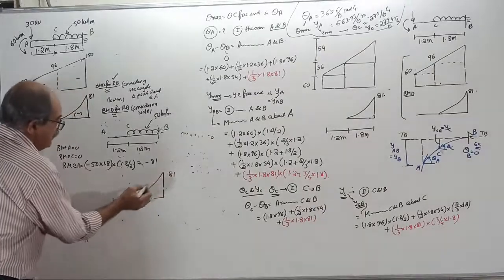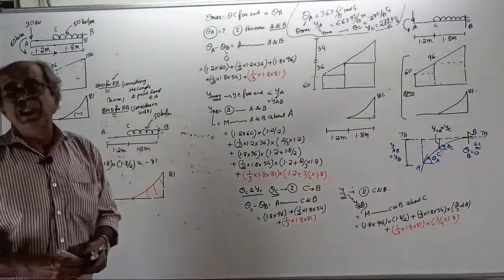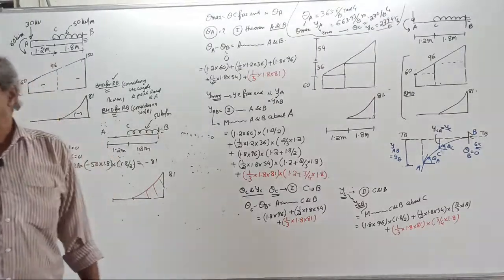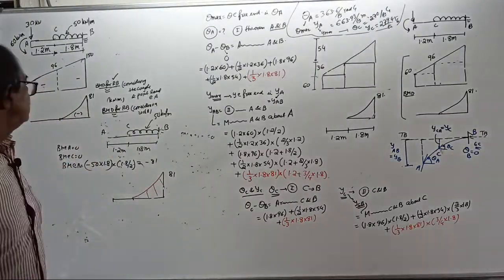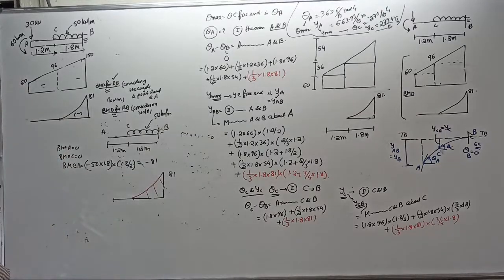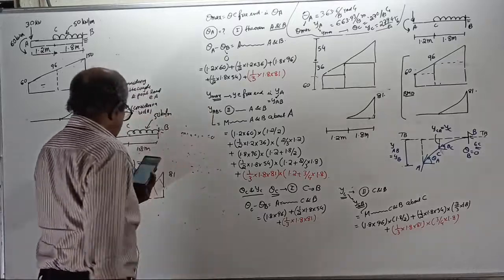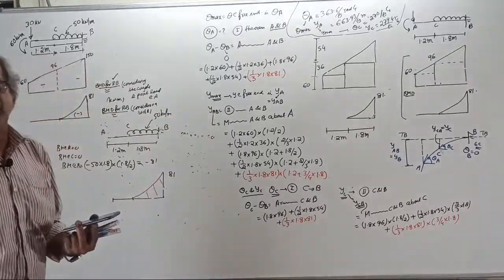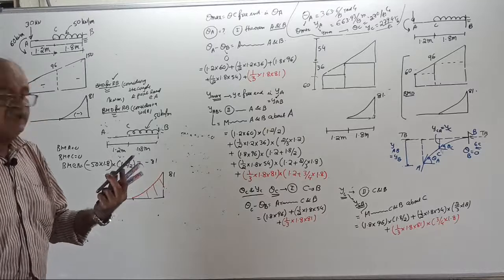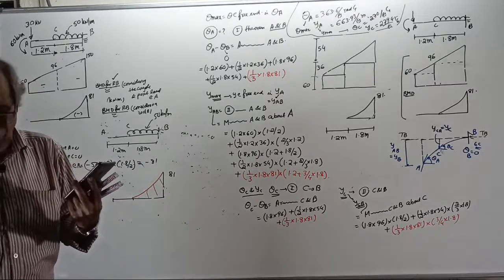Now tell me, for this parabola, is the formula of area equal to 1/3 base into height, and CG at 3/4 or 1/4, applicable or not applicable?